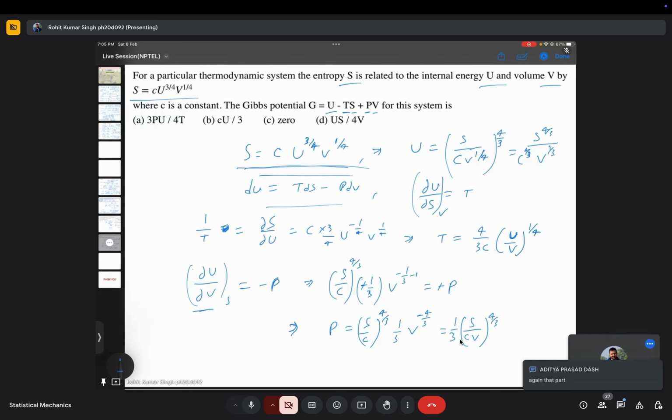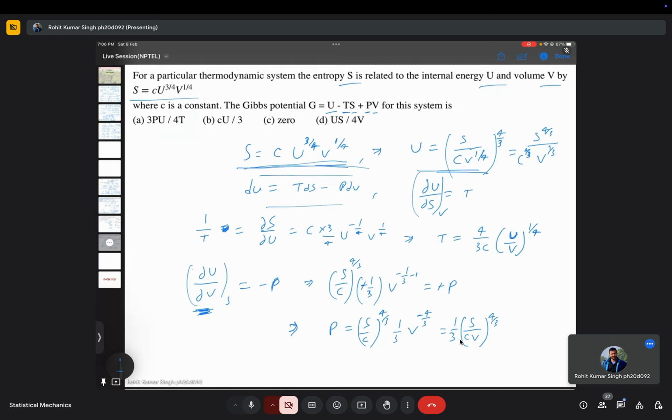So what I did is I wrote this expression of entropy in terms of internal energy. I inverted this equation to calculate this derivative, del u over del v, right?